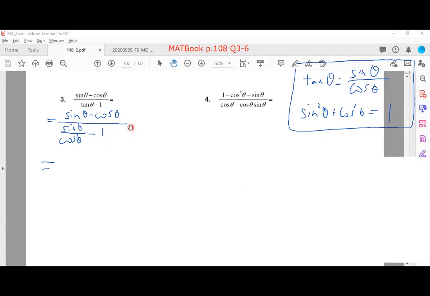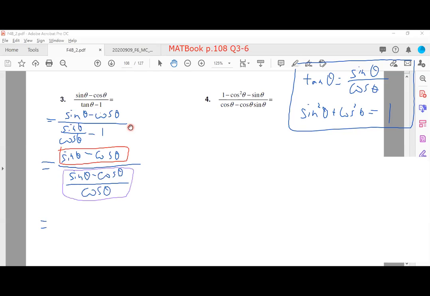Which means that the sine theta minus cosine theta on the top should be just copied, but for the denominator, we need to change the 1 to be cosine theta over cosine theta, and then we merge the two fractions together. 即係通分母啦，呢度通分母得唔得？好啦，通分母之後咧，我哋見到咧，so this is the top, and this is the bottom.